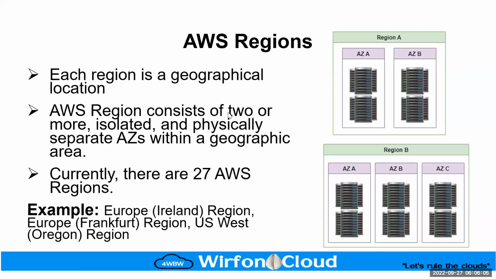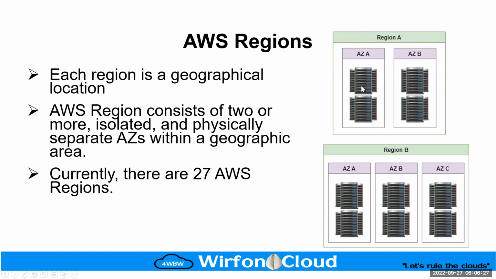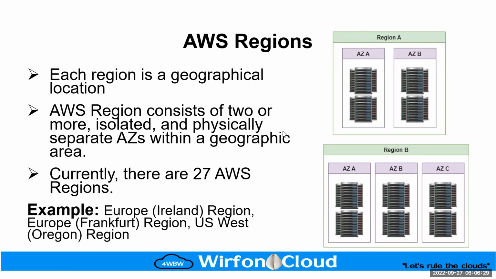An AZ is made up of 1 or more data centers. So you can have an AZ with 1 data center, but on the contrary, a region should have at least 2 AZs. And remember that each of these AZs has a data center, for example.